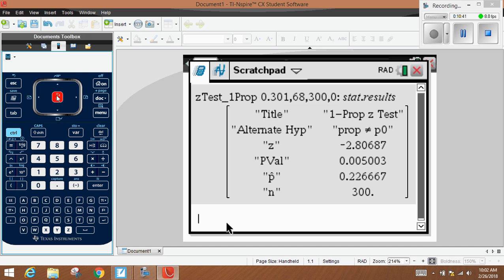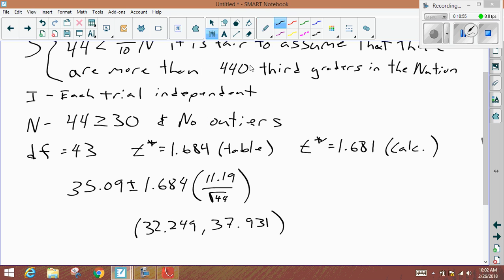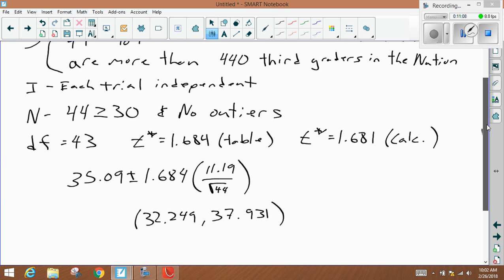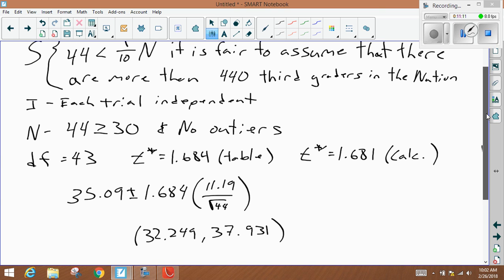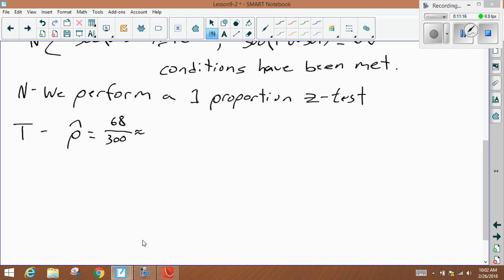But what I was interested in the most right now is that p-hat value, which is going to be approximately 0.227.